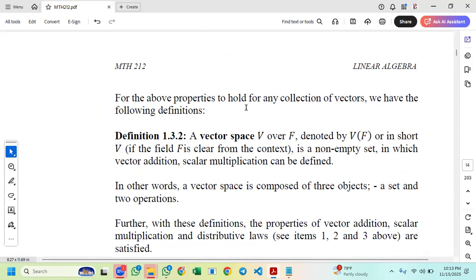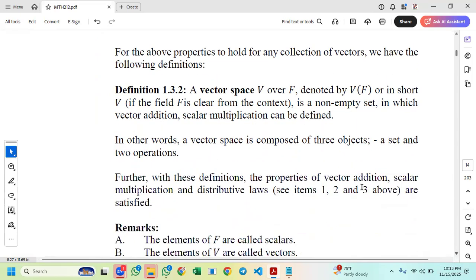Now, for the above properties to hold for any collection of vectors, we have the following definitions. It's even sweet that this course is full of definitions, because if it's calculation, it is well. A vector space V over F, denoted by V(F), or in short V, if the field F is clear from the context, is a non-empty set in which vector addition and scalar multiplication can be defined.